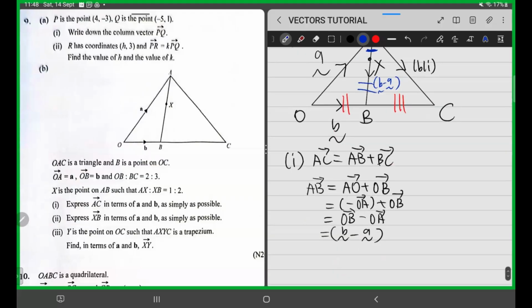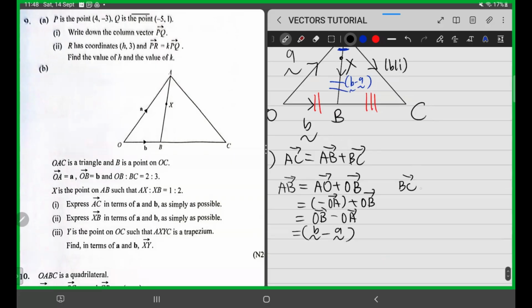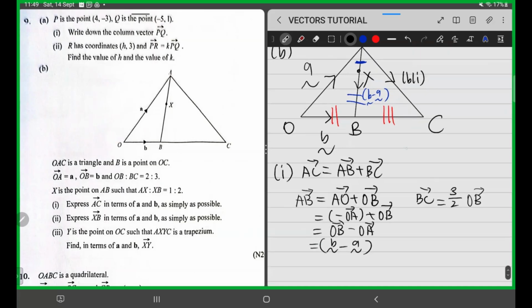Then BC is 3 units, and OB is 2 units, as you can see over here. Hence, BC is just 3 over 2 of b, so here is 1.5b.